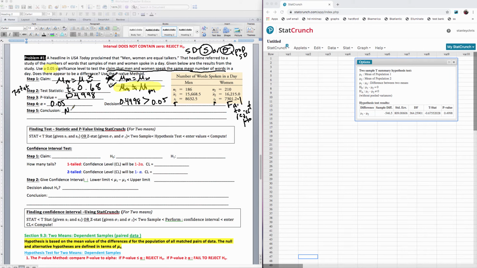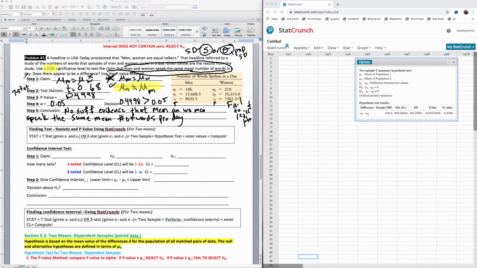And this would be, we have no sufficient evidence that, now I'm just copying over what they wrote, that men and women speak the same mean number of words per day. Okay, so that's how you do that one.